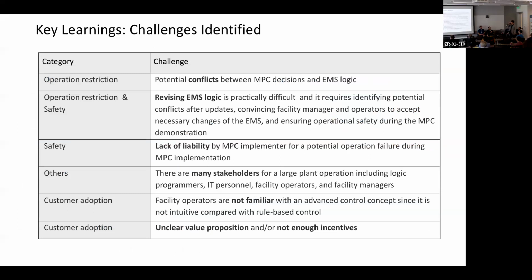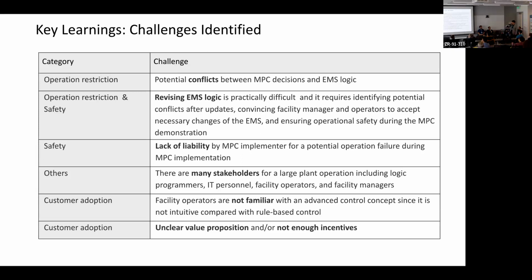I want to summarize the key learnings. A couple of them are pretty clear, but two things I wanted to emphasize, especially for large commercial buildings or district energy systems: revising the building management system in favor of advanced control is really challenging, because their control sequences are such that if we change one, it affects the others subsequently.